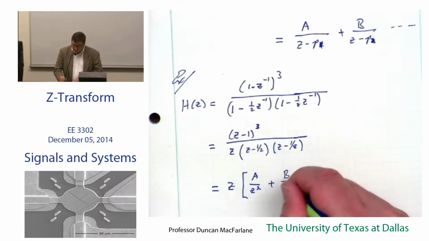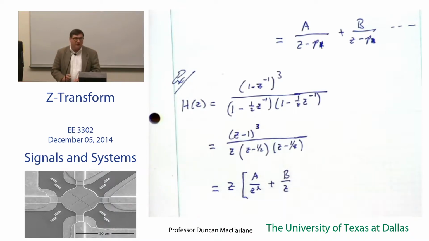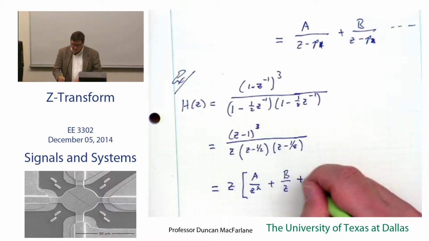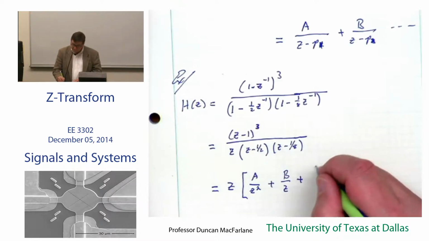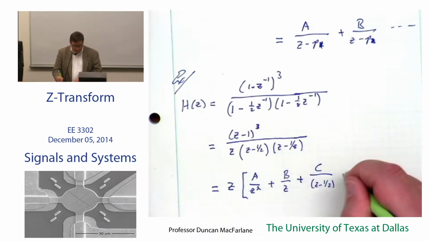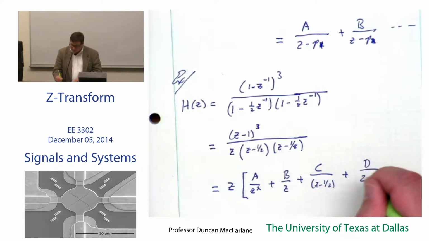Plus a b over z. That's a constant offset. And then one term for each of these poles, z minus 1/2 and d over z minus 1/8.